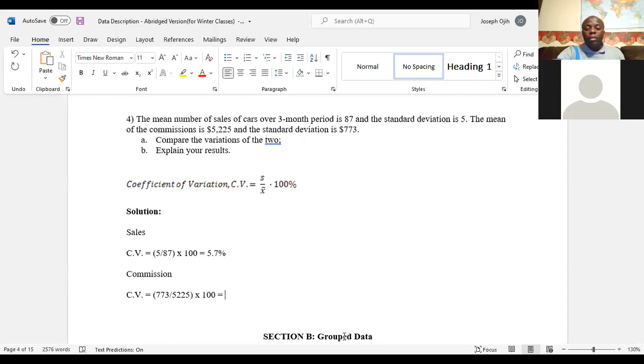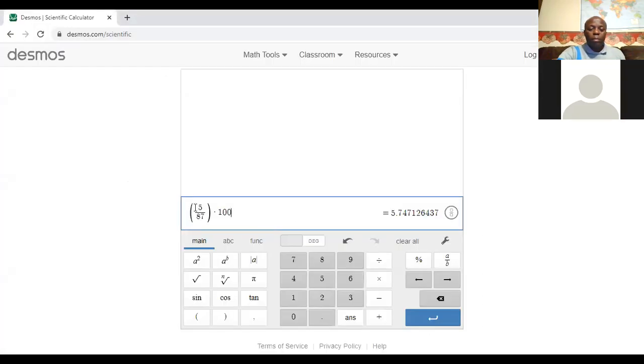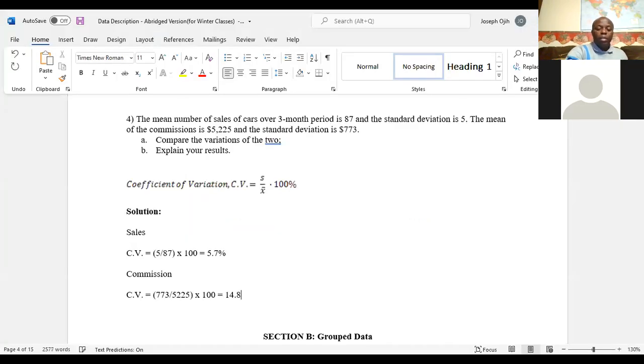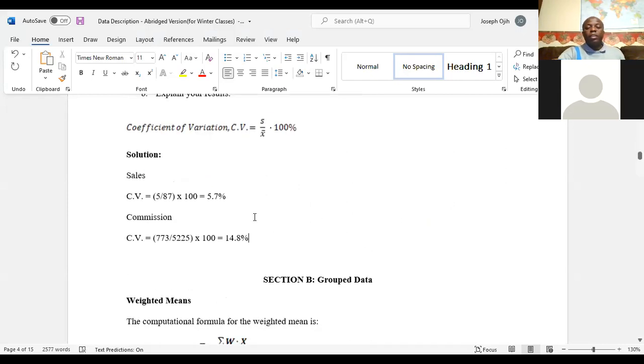That will give you the coefficient of variation for commission. So 773 divided by 5,225 gives us 14.794, which when you round it, is 14.8%. So you go there and put 14.8%. You can see that the commission varies more than the sales.